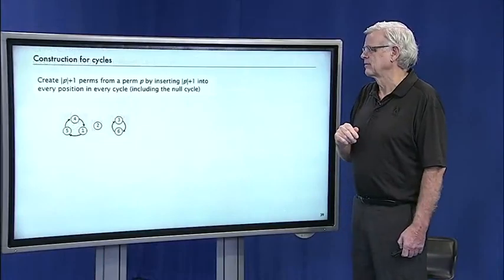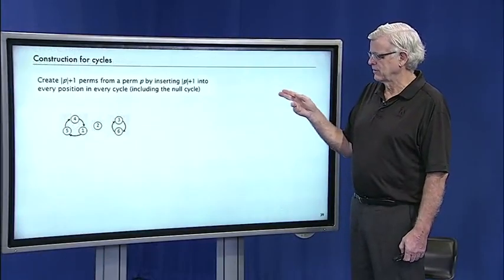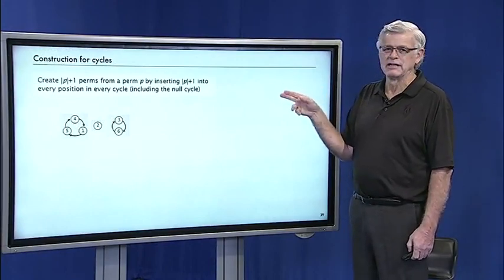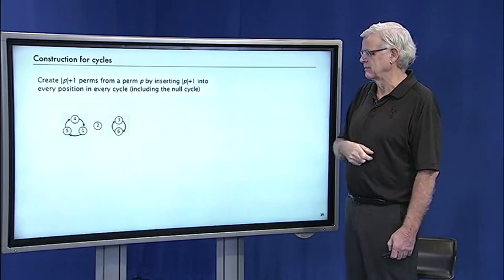So for cycles, if we have a permutation of size n that's a set of cycles, we're going to insert n plus 1 into every position in every cycle, including the null cycle.